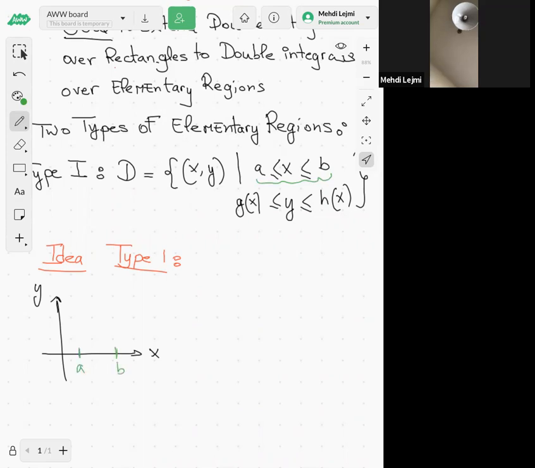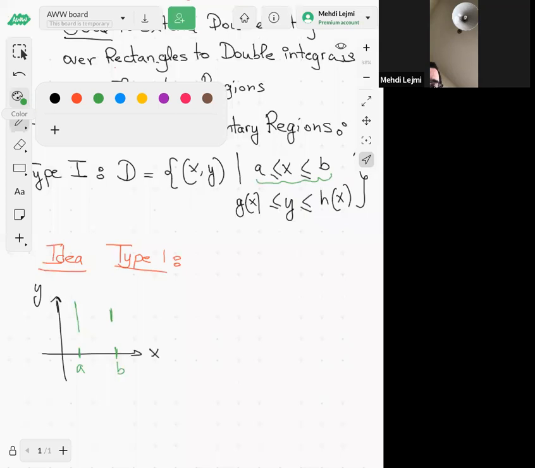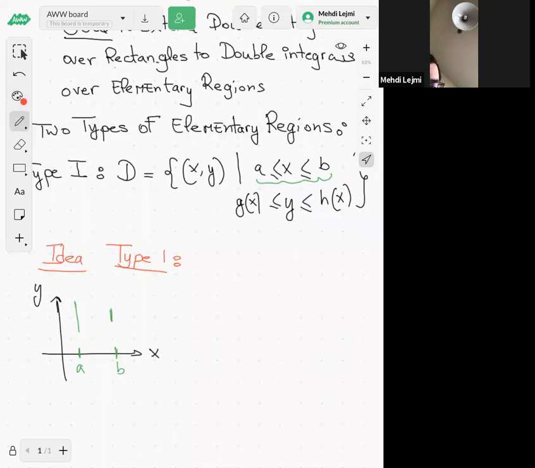And at a, you're gonna have let's say a segment, and at b, the same thing, another segment. And then of course, to connect the two segments, you're gonna have the graph of two functions. In the bottom, let's say g of x, and in the top, h of x. All right, so this is a type 1 region.